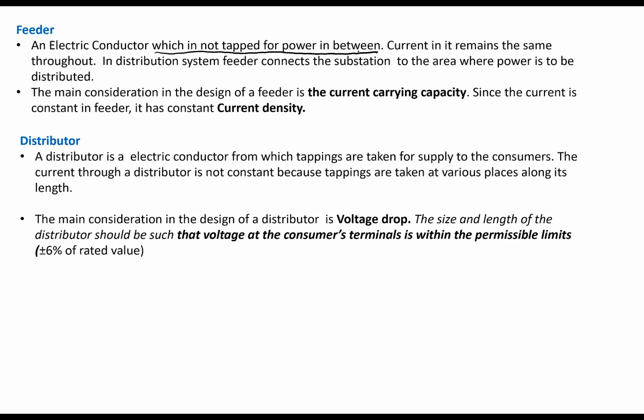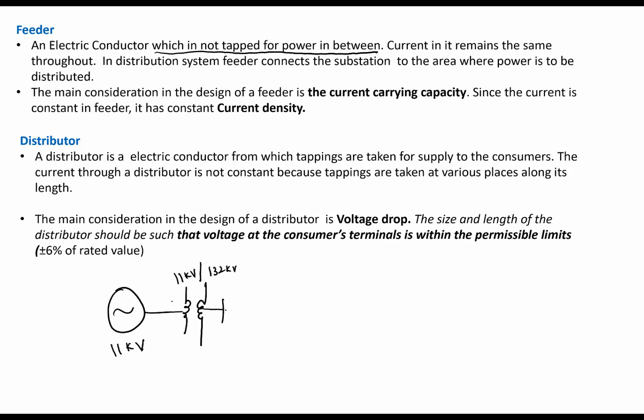Suppose this is a generating station. After that, there is a step-up transformer. 11 kV is the generation voltage, let us say, stepped up to 132 kV.